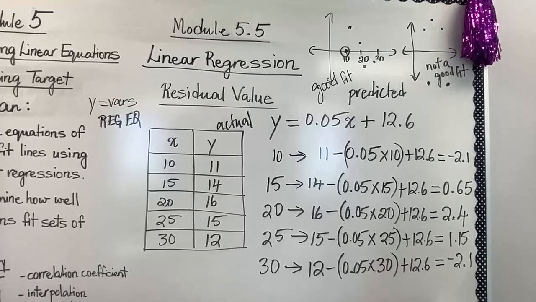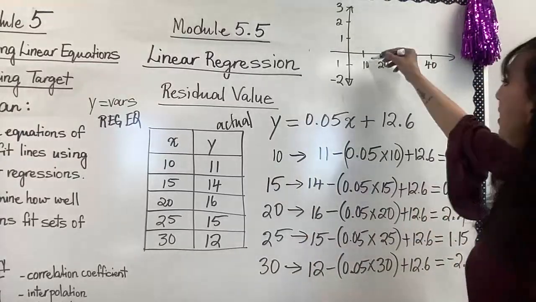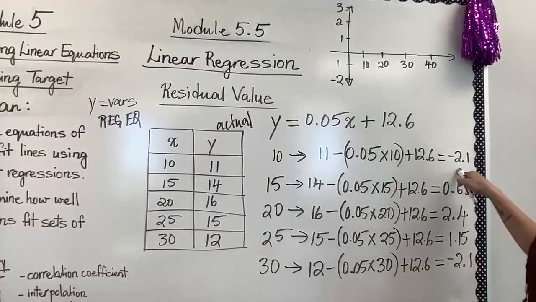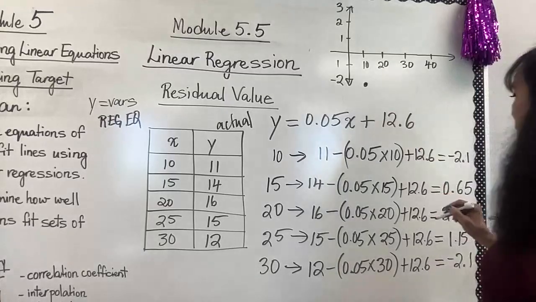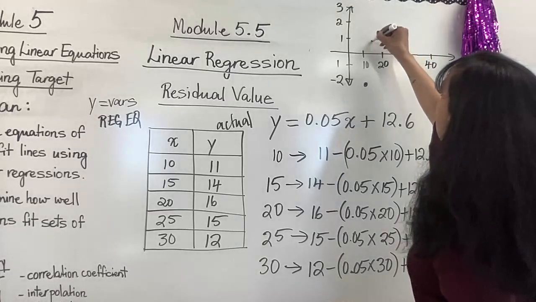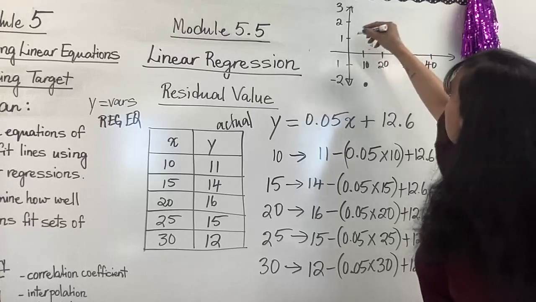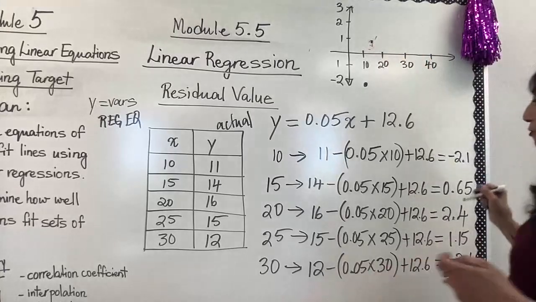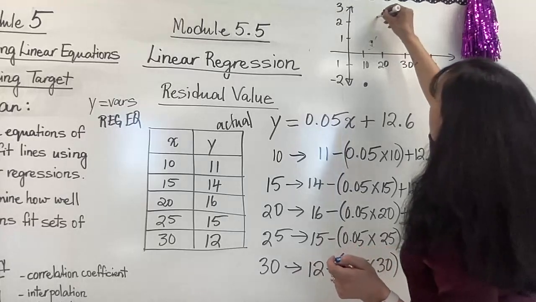When we go ahead and plot this one, let's look at this. When I had 10, what did I get as my output? Negative 2 1/10, which is down here. When I had 15, my output was 6500, so for 15 it is somewhere up here, a little bit below this. For 20, it was 2 4/10, so it is somewhere here.